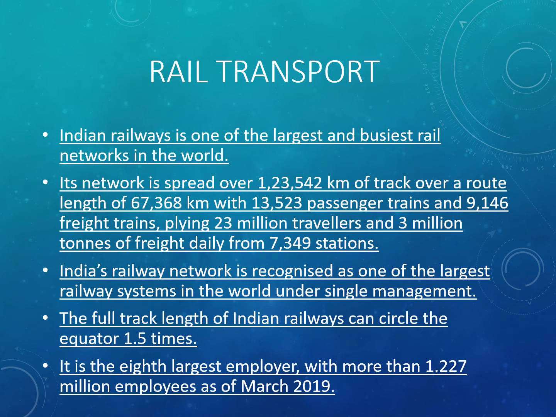The full track length of Indian Railways can circle the equator 1.5 times. The railway network is also ideal for long-distance travel and movement of bulk commodities, apart from being an energy-efficient and economic mode of conveyance and transport.